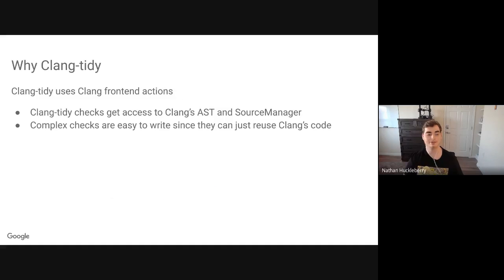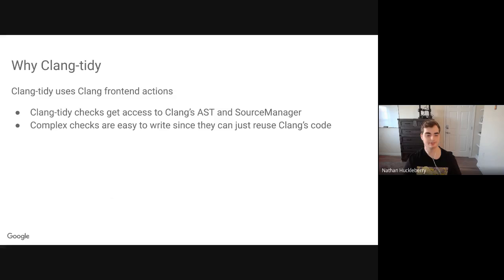So why use Clang-tidy in the first place? Because it uses Clang's front-end actions, it gets access to Clang's AST and source manager. So you can essentially implement any Clang warning that you want in Clang-tidy if you really wanted to.